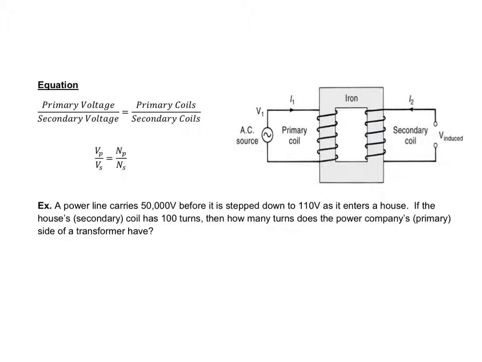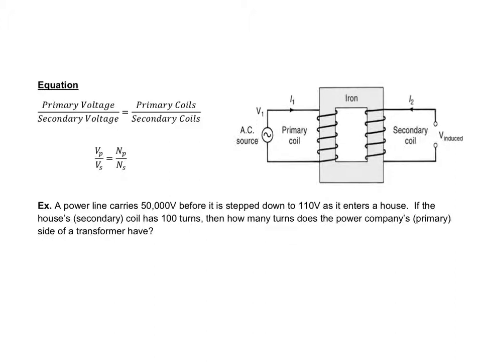The abbreviated version of that equation is Vp divided by Vs equals Np divided by Ns, where V represents voltage, N represents the coils, and P and S stand for primary and secondary. We'll look at one of those examples here in a minute.